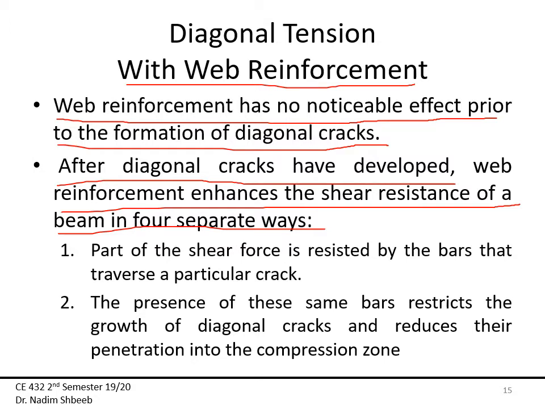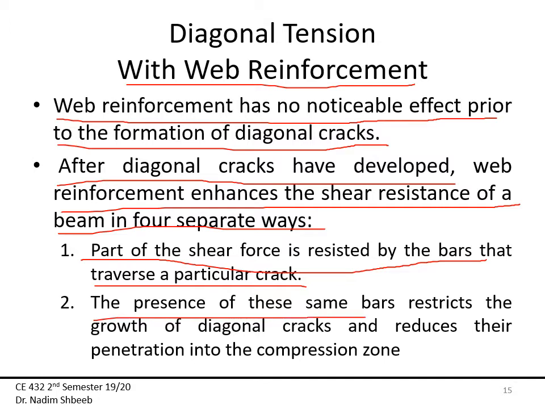Okay, and then the way they do that is that part of the shear force is resisted by the bars that traverse a particular crack. So usually when a crack is moving along and then it sees the shear reinforcement, that shear reinforcement will resist that crack.